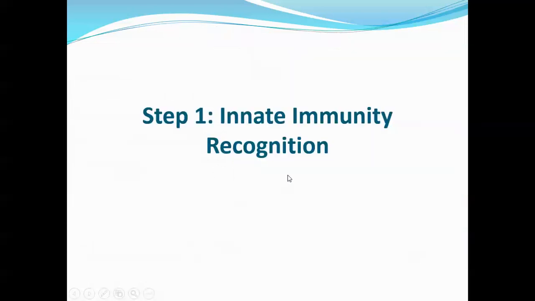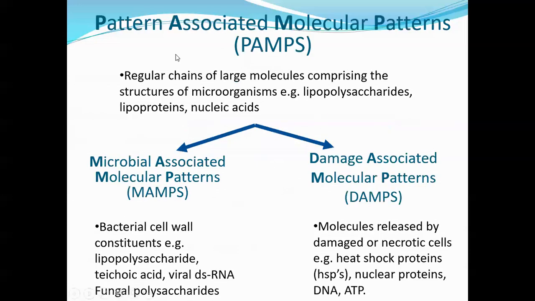So first of all, that recognition step: what are the structures on the bacterial cell that are seen by these receptors on the phagocytic cell? These are what we call pathogen-associated molecular patterns, or PAMPs. What do we mean by patterns?